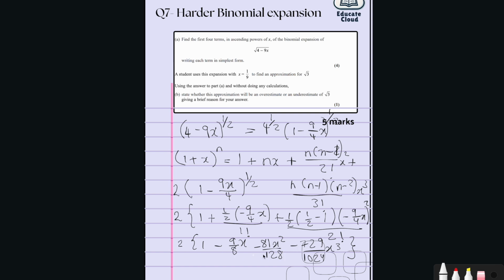Then you just multiply it out with the 2, so you get 2 minus 9 over 4 x minus 81 over 64 x squared minus 729 over 512 x cubed.